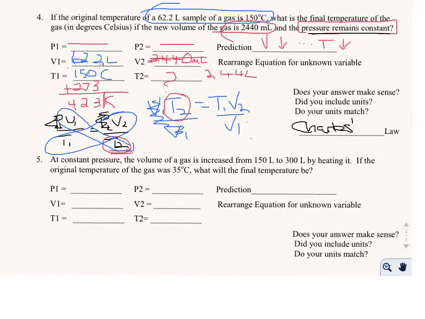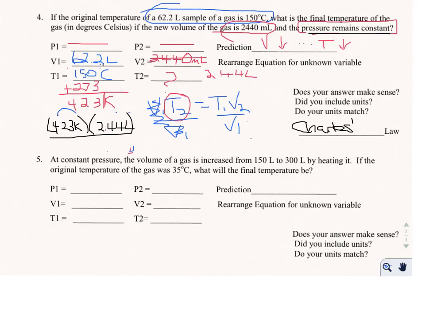I will erase this so we have some more space. T1 is 423 Kelvin. V2 is 2.44 liters.